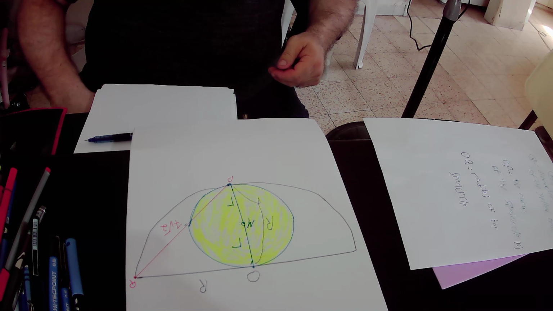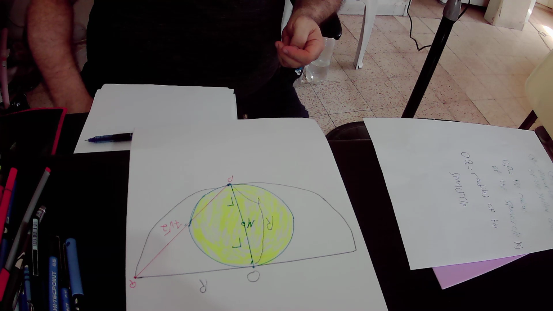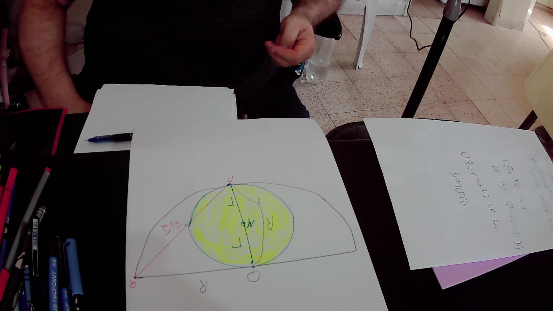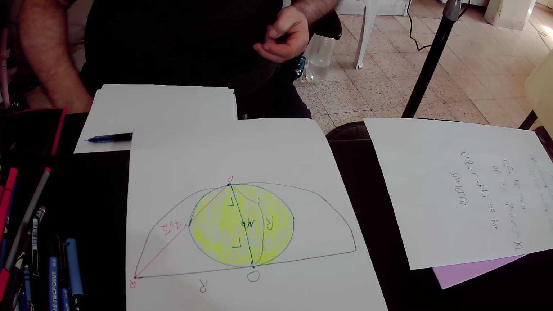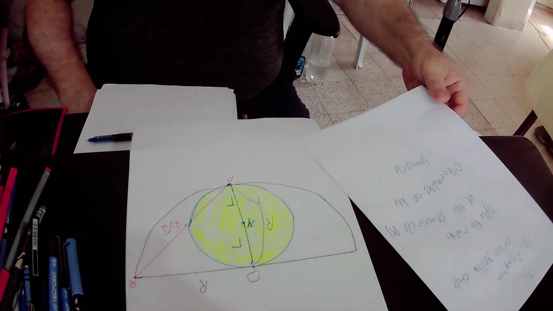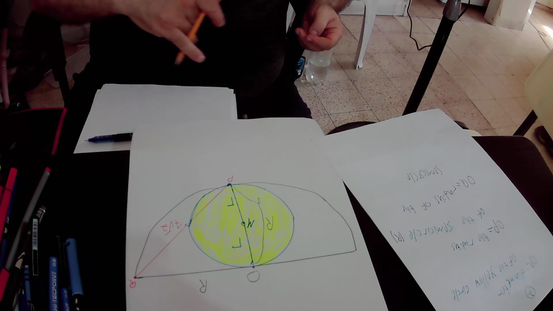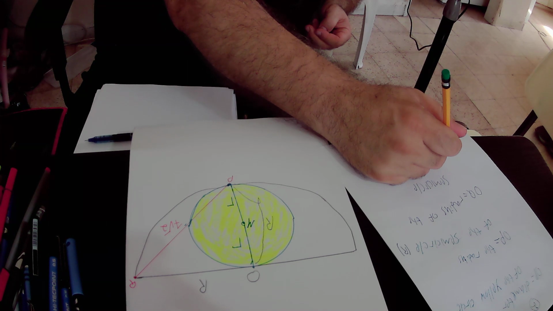Okay, and now we have the relationship between capital R, that is the radius of the semicircle, and small r, that is the radius of the yellow circle. As you can see from the drawing, I will mark it as equation number 1.